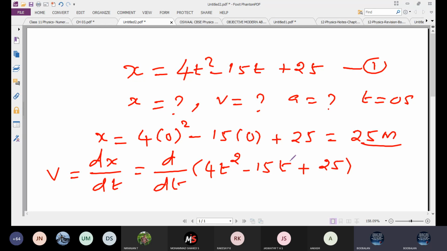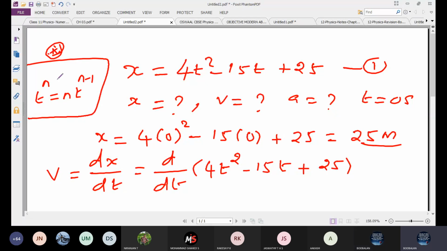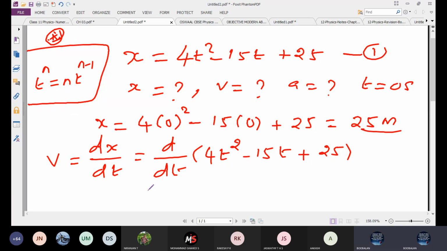Differentiation formula: d of t power n equal to n into t power n minus 1. This is the formula. Always remember this one. So now I'm going direct: 4 twos are 8t minus 15. Constant means you will get 0.